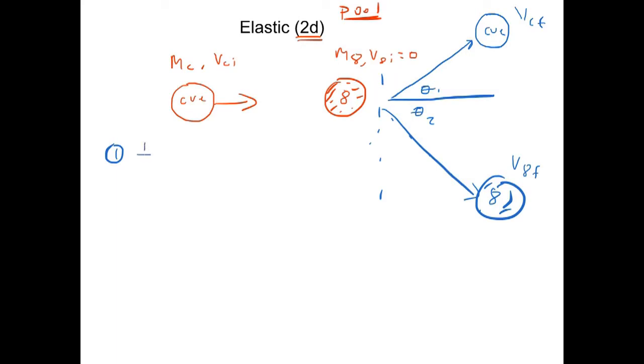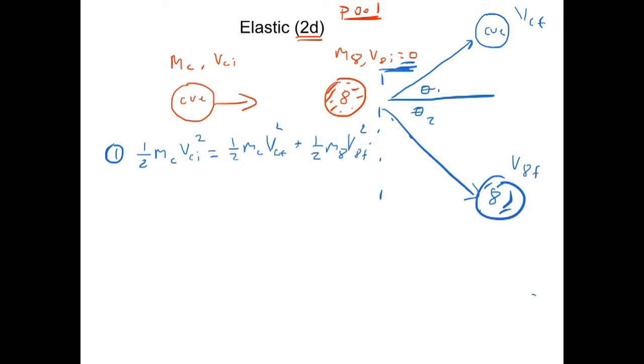So what we're going to get is that 1/2 m_c v_c initial squared, and that's all of the initial kinetic energy because the 8 ball didn't have any, is going to equal 1/2 mass of the cue ball times the final velocity of the cue ball squared, plus 1/2 mass of the 8 ball times the final velocity of the 8 ball squared. So that's one equation.